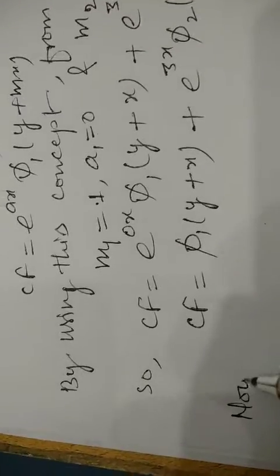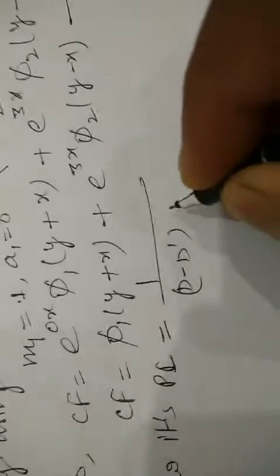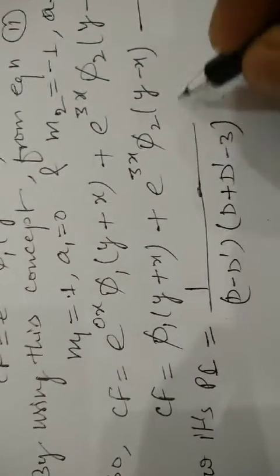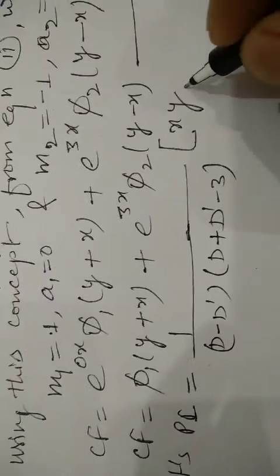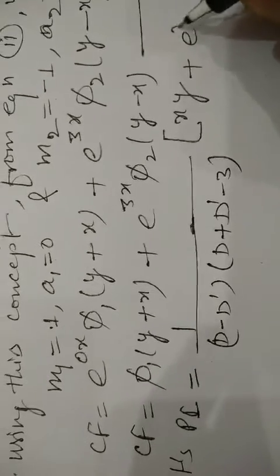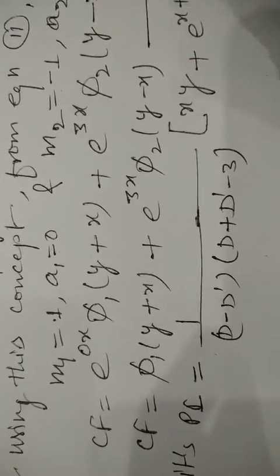Now its particular integral can be done this way: 1 upon (D minus D dash)(D plus D dash minus 3), and there are two terms, xy plus e to the power x plus 2y.